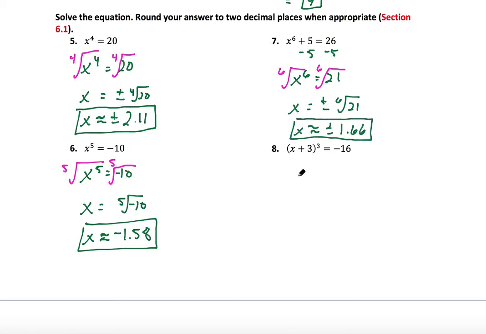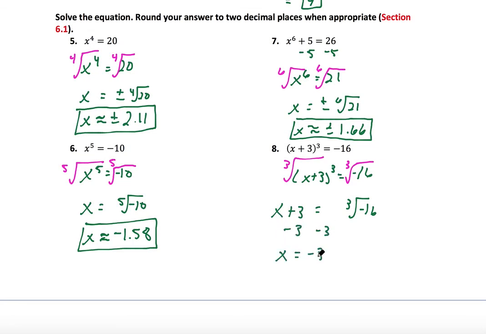Number 8, it looks like we have the power already isolated. So all I have to do is simply take the cube root of both sides. What happens here is this undoes the cube power. So we just have x plus 3 equals the cube root of negative 16. It's an odd root, so I don't need the plus or minus. I'm just going to subtract 3 from both sides.